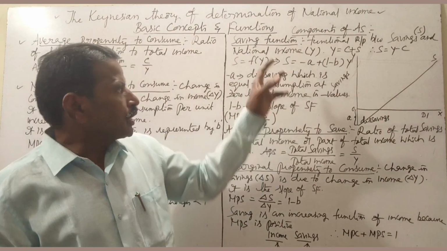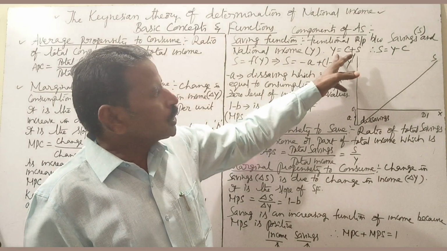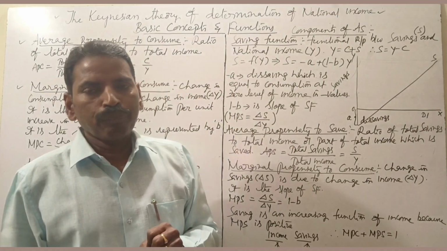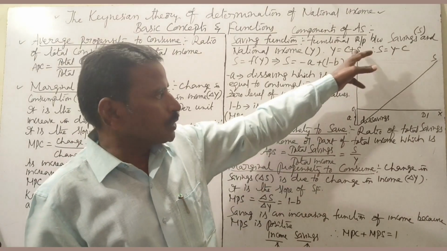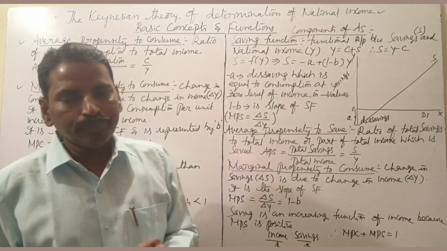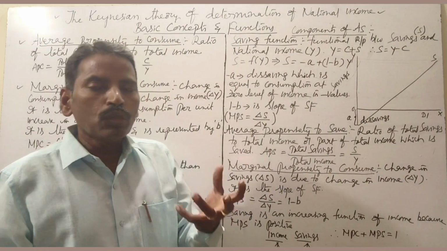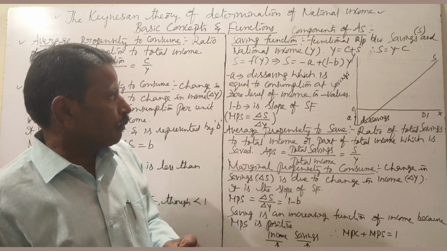Aggregate supply, Y, is equal to C plus S. Therefore, savings is equal to Y minus C. Y means national income, C means consumption.